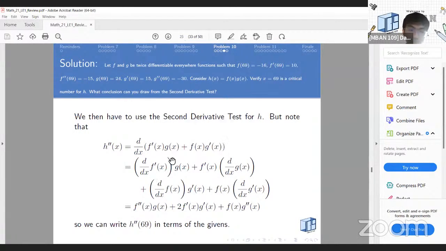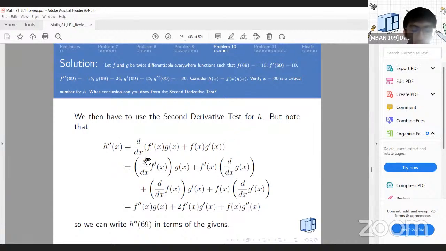So ang mangyayari dito, i-distribute lang natin tong d over dx. And then once again, the product rule for differentiation will be applied.